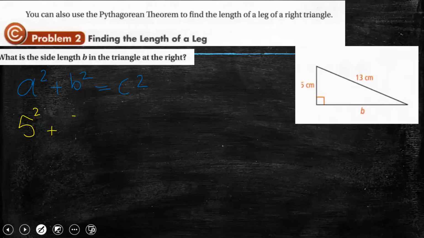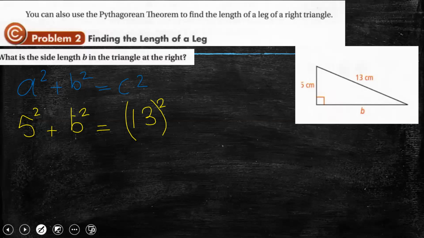Where is b? B is unknown. Where is c? It is 13. That's it. So here, I first substitute a, b, and c.